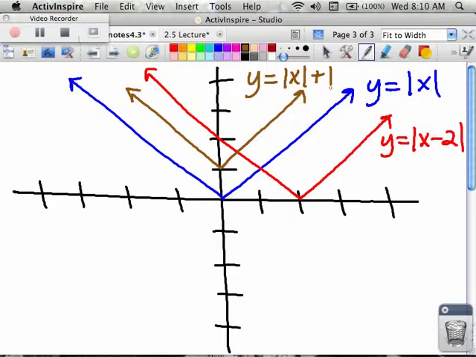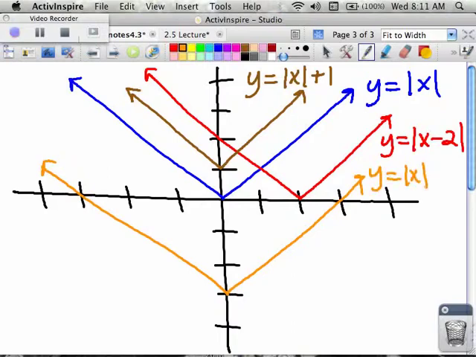And if I were moving something down, like for example here, this graph would be y equals the absolute value of x, and then on the outside, minus 3.